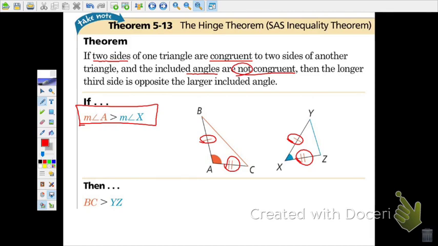So again, we're kind of looking at that similar to what we talked about yesterday. Since angle A is the bigger angle, its opposite side, side BC, is going to be greater than the opposite side, YZ.